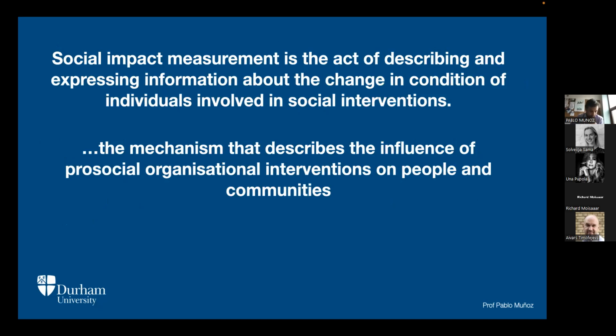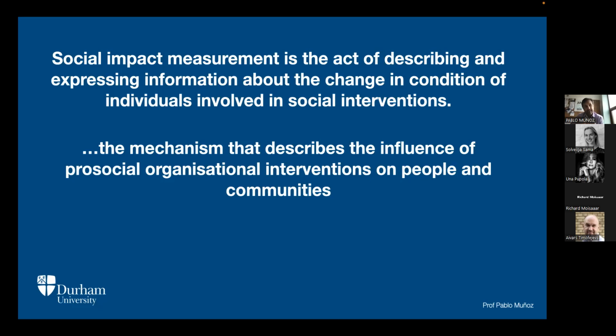So we first defined what social impact measurement is, right? An act of capturing, describing, and expressing information about changes in the condition of beneficiaries that have been subjected to, or been offered, a social intervention. So that's what we do. We capture, describe, and express information about changes that we see in certain groups of people.